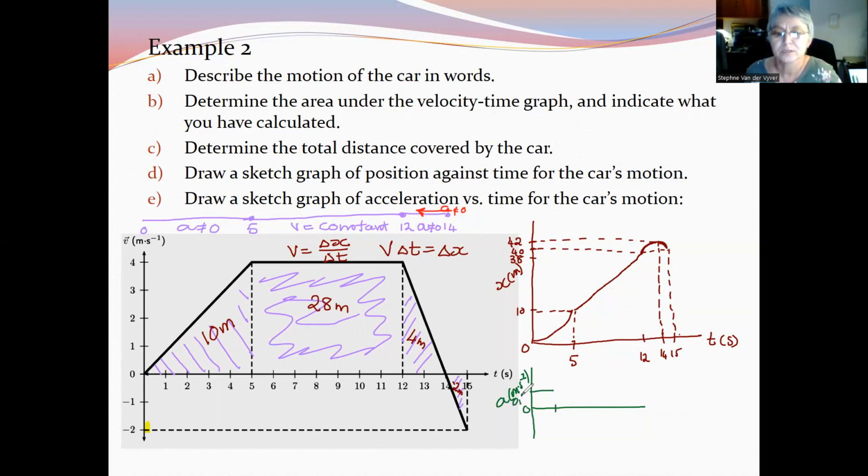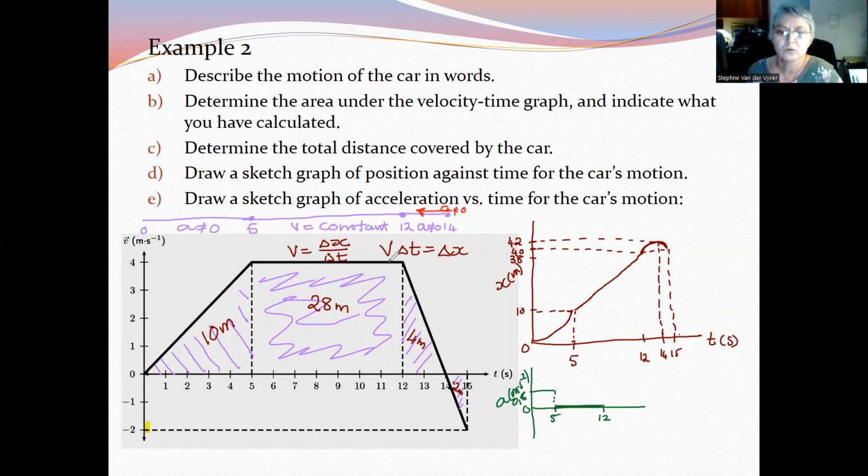At 0.8 meters per second squared, the car would be accelerating in the first 5 seconds. Then the next 7 seconds, the car would be moving at a constant velocity, so the acceleration is 0.